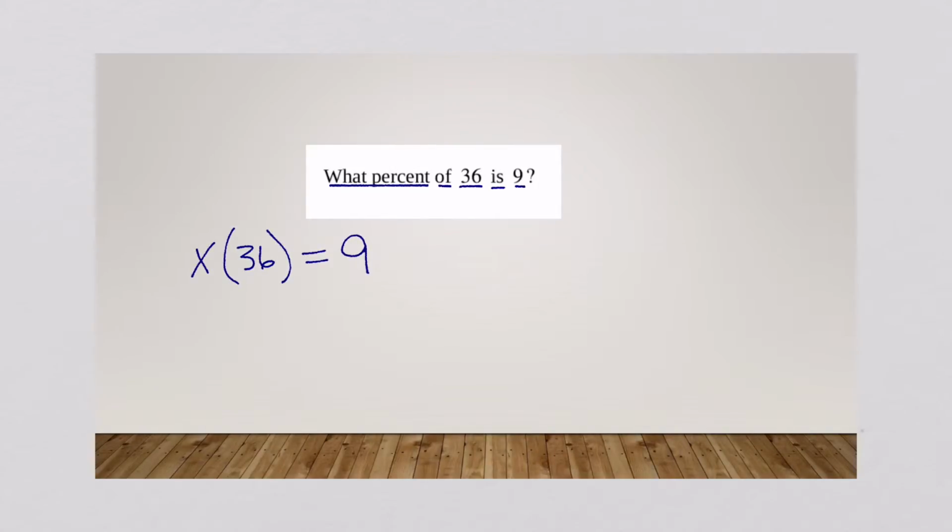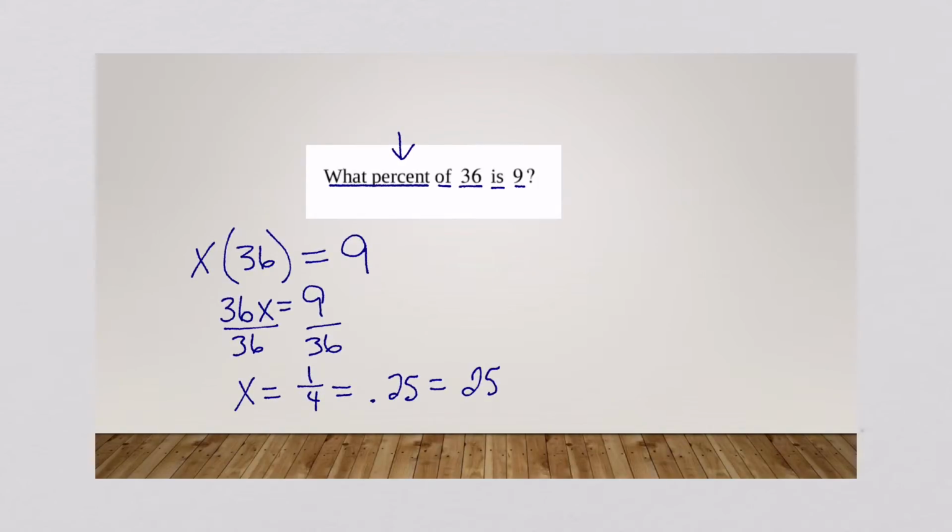So in this problem right here, I could also have written it like this. And then I divide both sides by 36. And I get that x is equal to 1/4, which is also the same as 0.25, which is the same as, remember I'm looking for a percent, 25%.